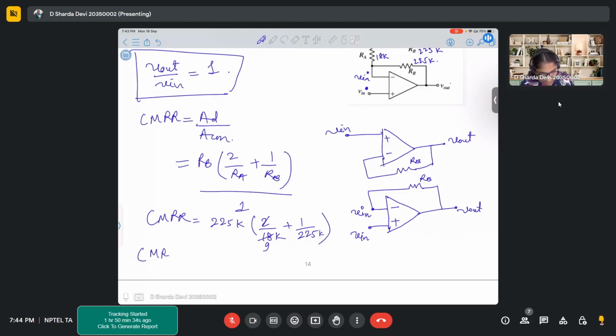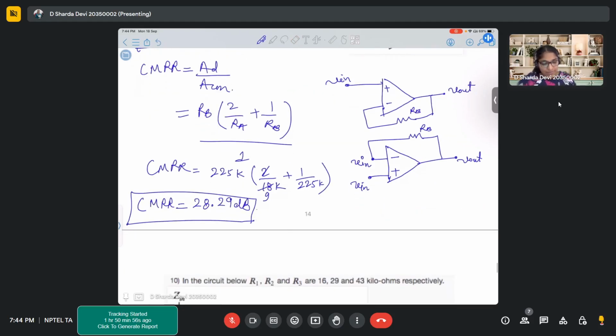So the CMRR that you actually get, it is 28.29 dB. Most of the time CMRR is reported in dB. In the question it was also asked to report in dB. So the CMRR that you get for this particular circuit is 28.29 dB. Is it clear to everyone?